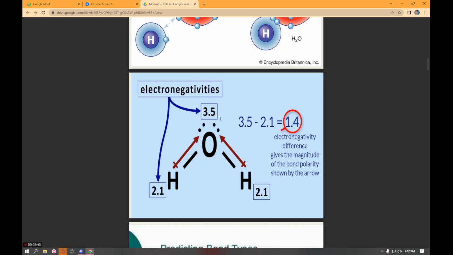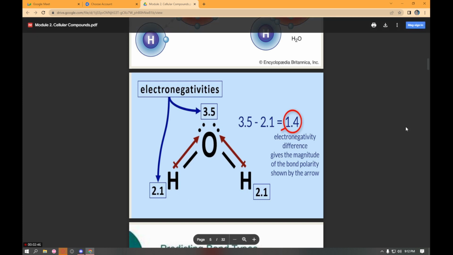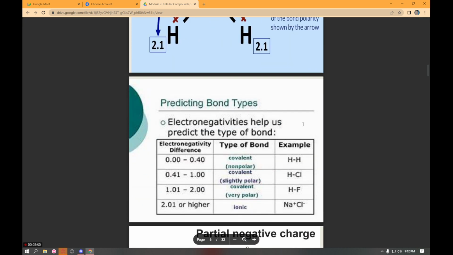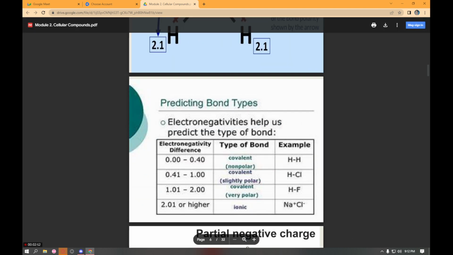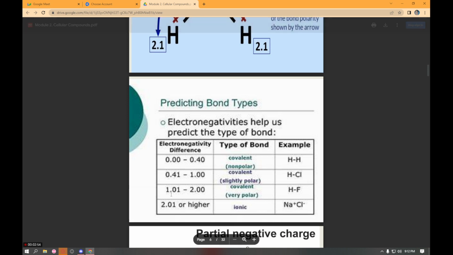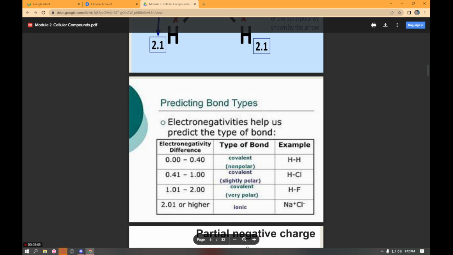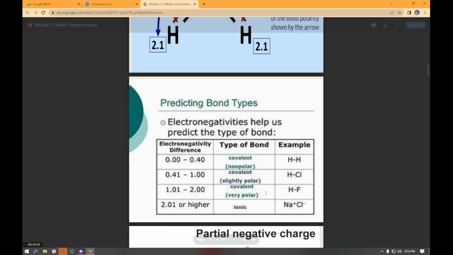If you subtract 2.1 from 3.5, ano yung kanyang result? It is 1.4. If we use our table, 1.01 to 2.0 is under the covalent, which is very polar. But there are others, that's your assignment.